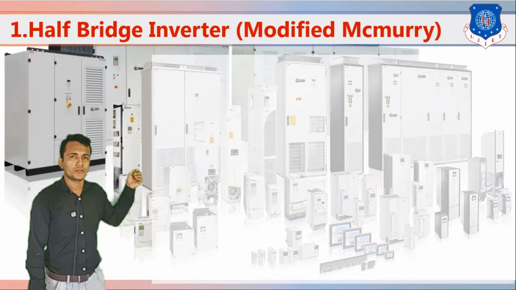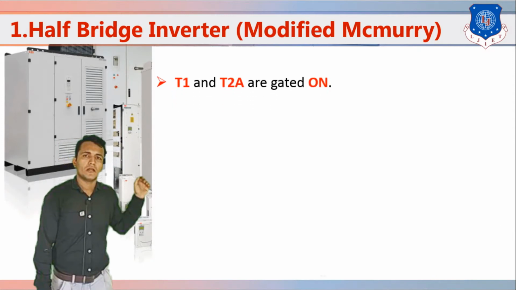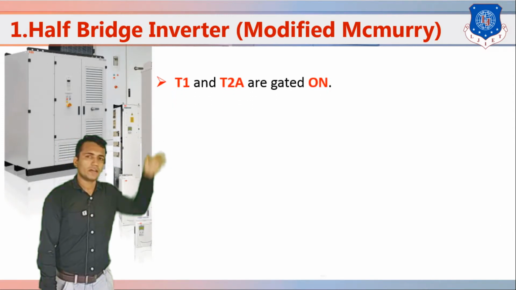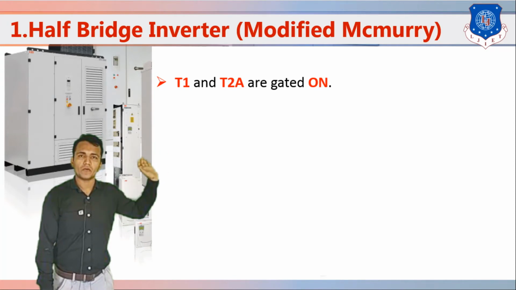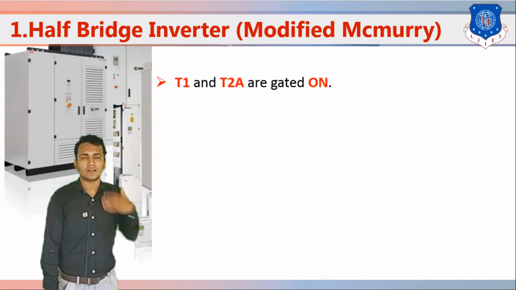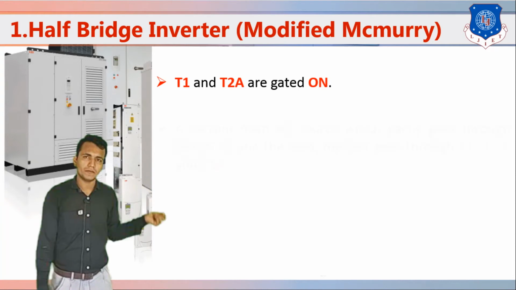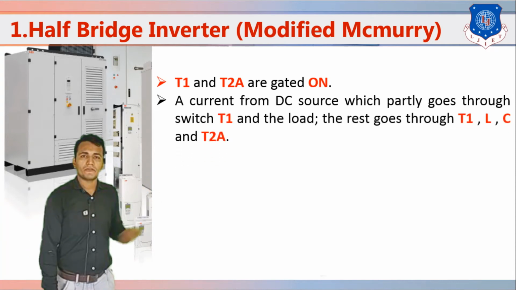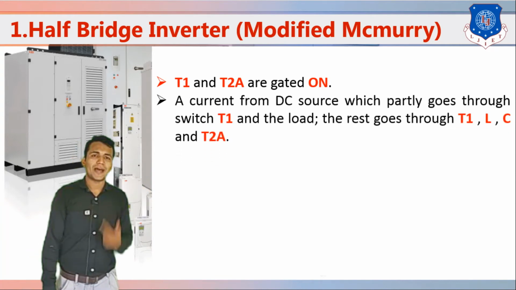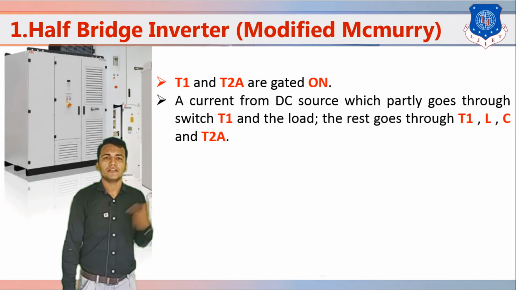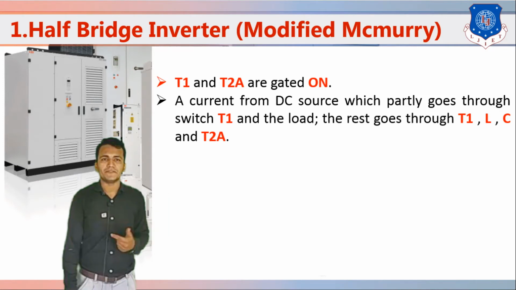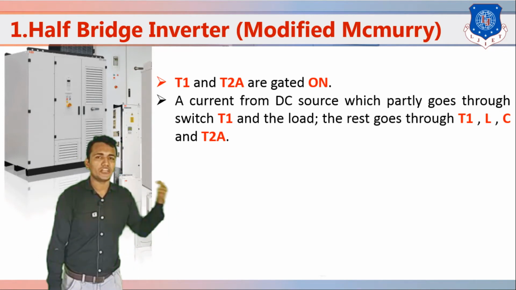Now in mode 2, we have to see. First of all, we have discussed mode 1, that is T1 and T2A getting on, and we have already discussed the figure. Then the current from the DC source partially goes through the switch T1 and the load, and the rest goes through T1, L, C and T2A.